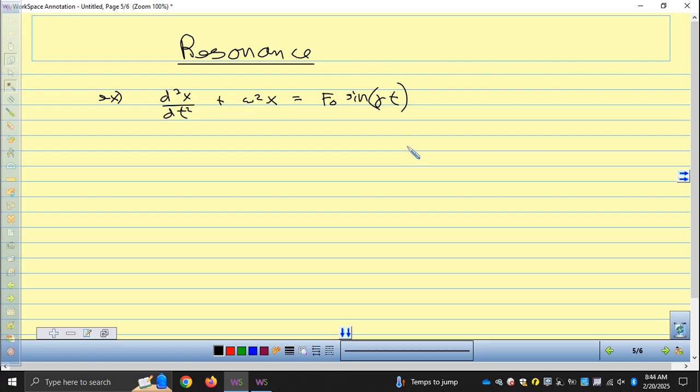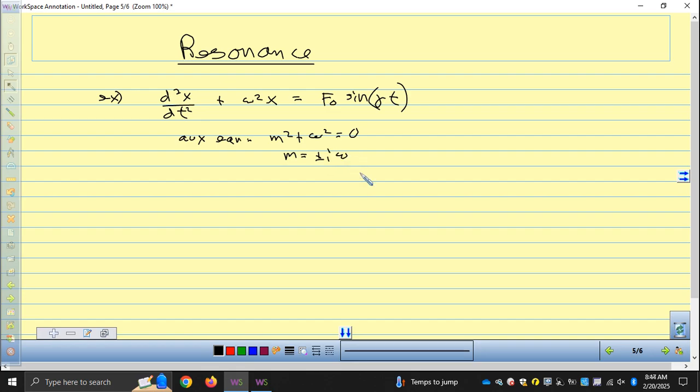So I think we did a homework problem like this. I know we did a homework problem like this at least somewhere. So we know our auxiliary equation is m squared plus omega squared equals 0. So m equals plus or minus i omega.